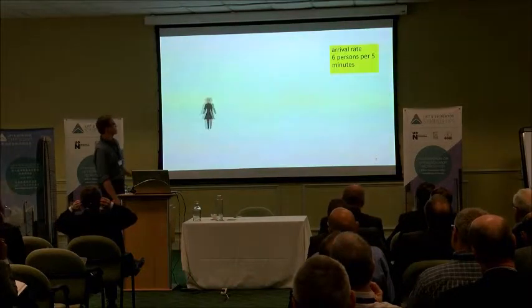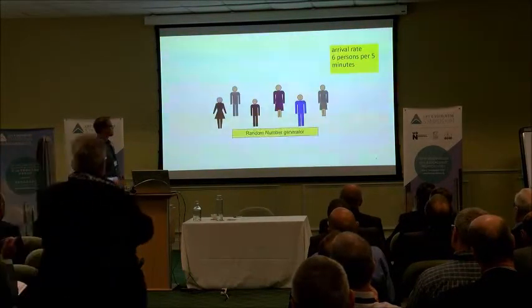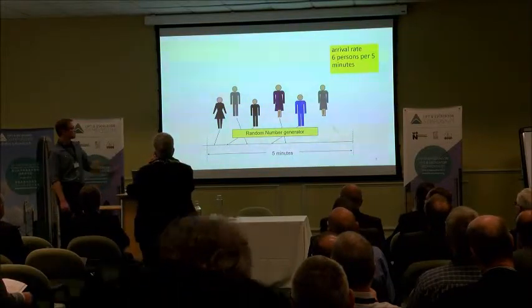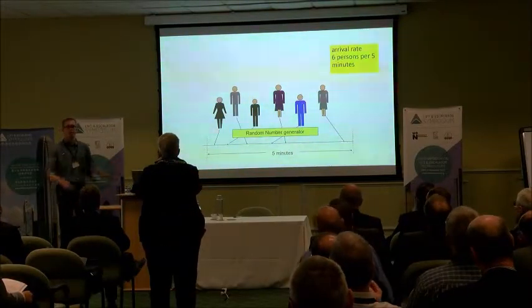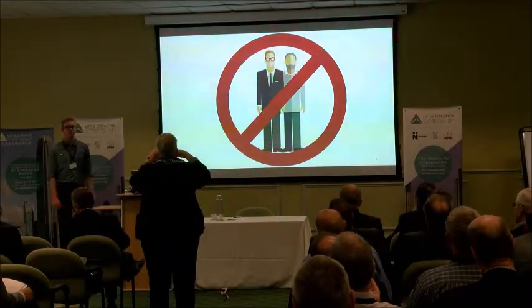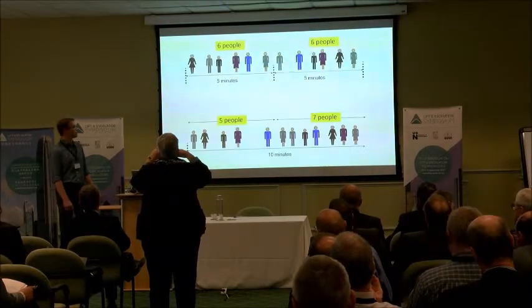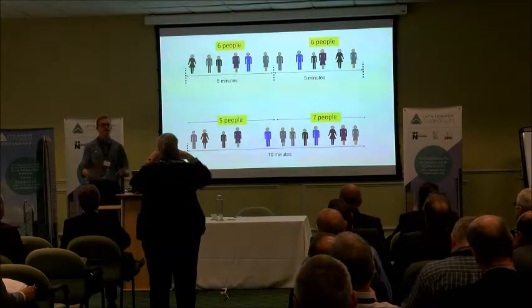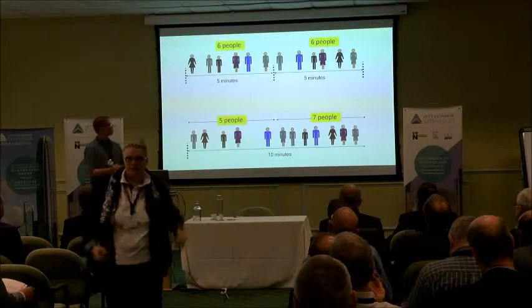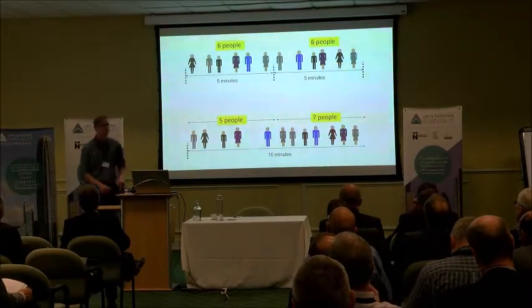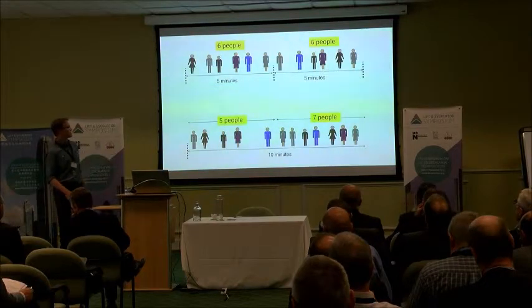So if you want 6 people for 5 minutes, 6 people show up, and at the moment a random number generator puts them somewhere in this 5-minute period. However, it doesn't account for 2 people showing up at the same time. And when we start accounting for batches, instead of having 2 periods of 5 minutes, we can have 1 period of 10 minutes, which allows for a more realistic spacing of people.